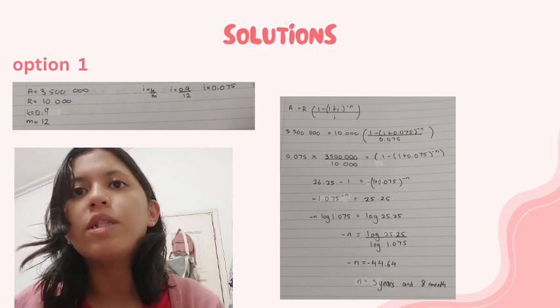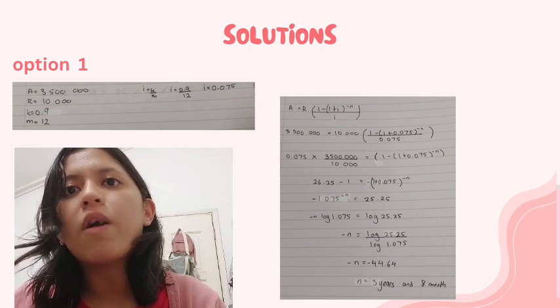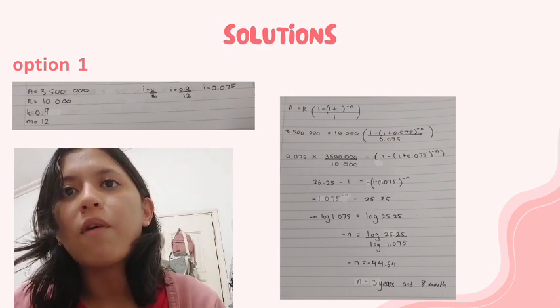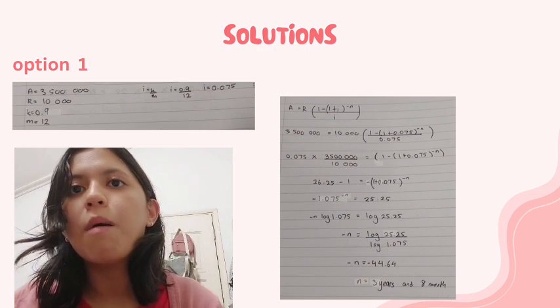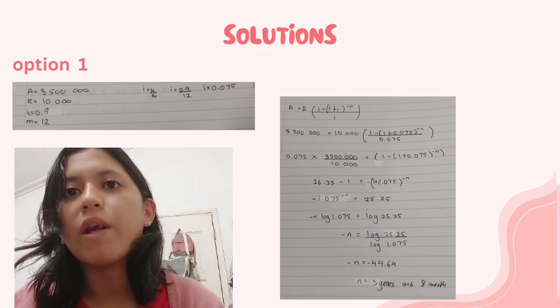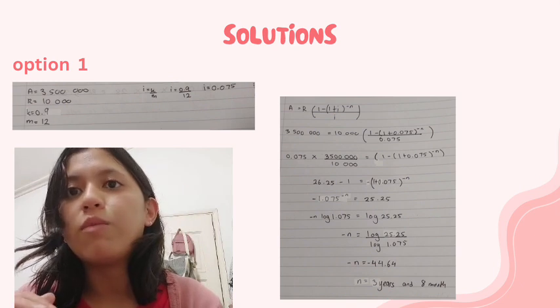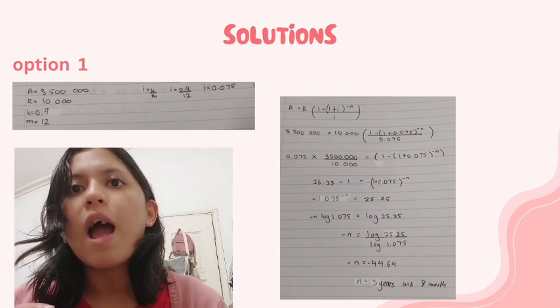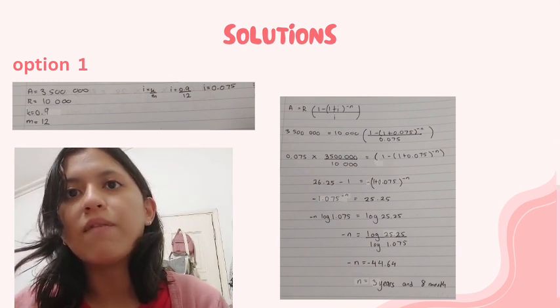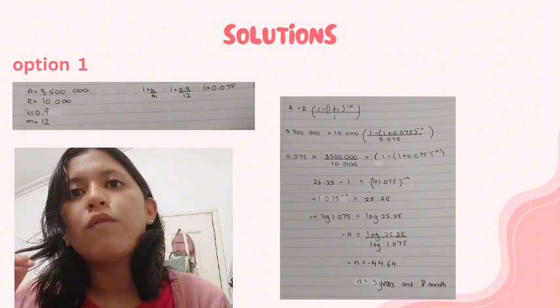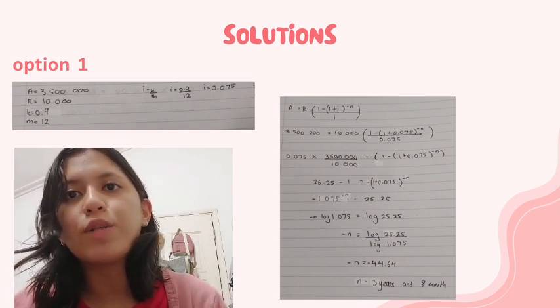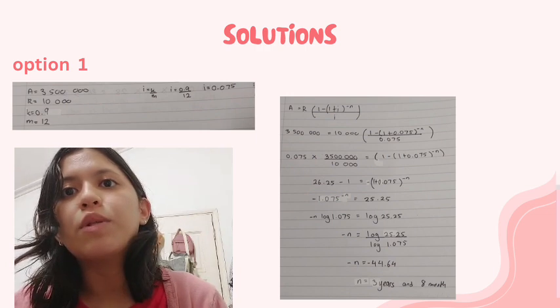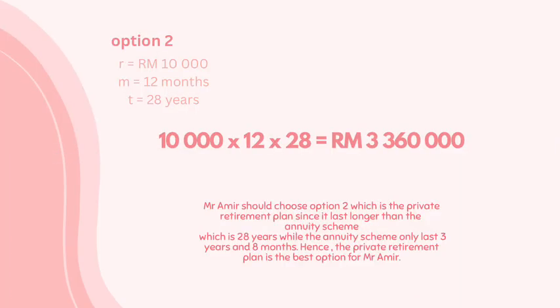Negative n equals negative 44.64. Because both are negative, the answer becomes positive 44.64. We convert 44.64 to years, n equals 3 years and 8 months.